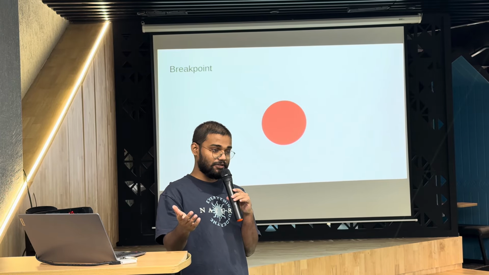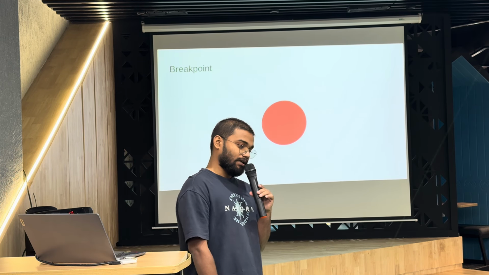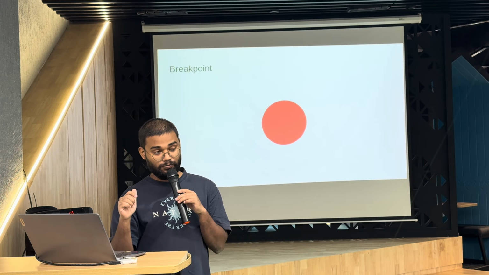Normal execution flow would be that it continues executing without any interruption. But with a breakpoint, it's not. So when you make a breakpoint and you hit it with execution, the control is passed from the engine to the debugger, which means we are in control of the execution.